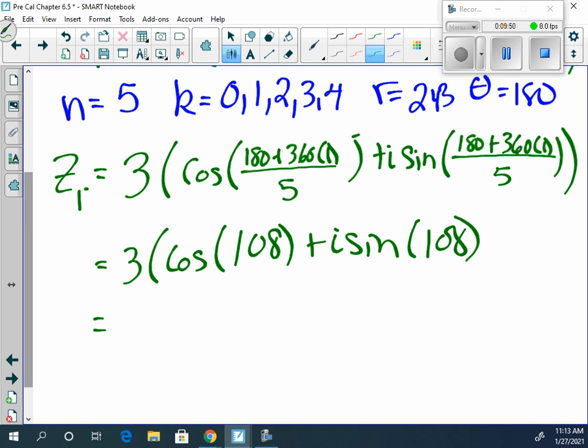Now again, we could do sine and cosine of 108 and write that down and then multiply it by 3. Or we can just do 3 times cosine of 108 degrees, which would give us, for cosine, 0.927.